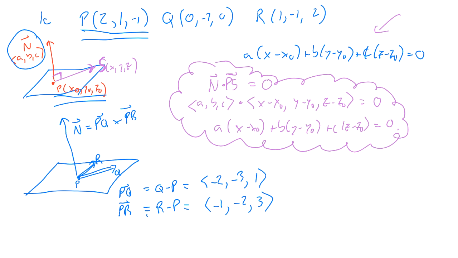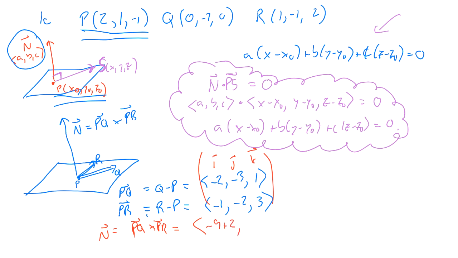And then I can take their cross product by forming the matrix i, j, k, along with those vectors, and then doing the cross product. So my normal vector, which is PQ crossed with PR, in my first component, I have -9 plus 2.